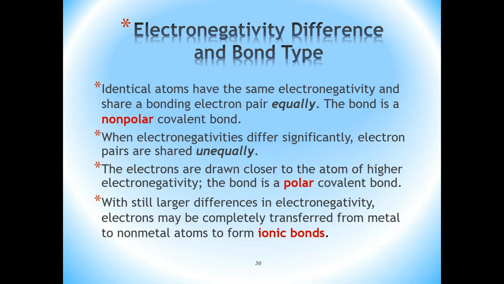So basically, these are the three types of bonds that we'll be dealing with based on the electronegativity difference. You have the nonpolar covalent bond, where the electrons are shared equally. In the polar covalent bond, the electrons are shared unevenly, but they're still shared. And in the case of the ionic bonds, the electrons are not shared at all; you have the complete transference of electrons from the least electronegative element, which is usually a metal, to a more electronegative element, which would be a nonmetal.